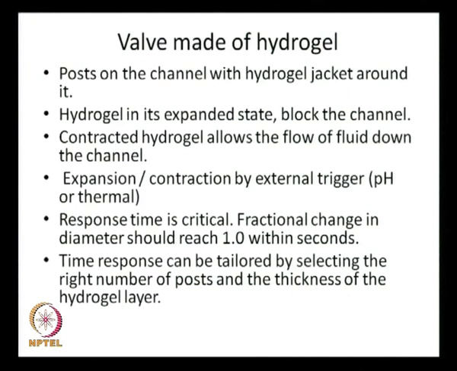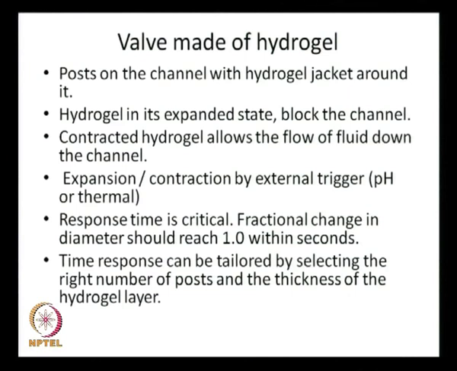So, this property can be utilized, particularly when you are working with a microscale geometry. Now, here the response time of course is very critical. How quickly it will respond, because fractional change in diameter should reach 1.0 within seconds.